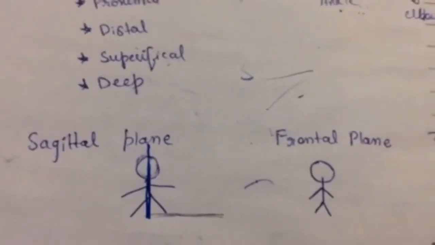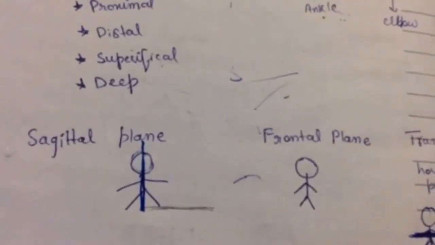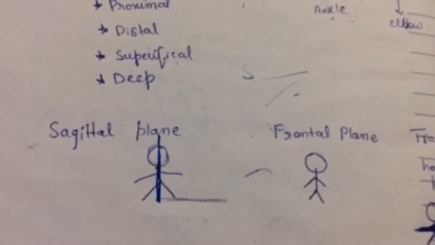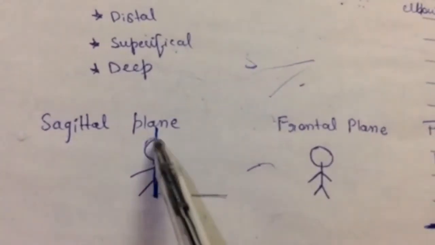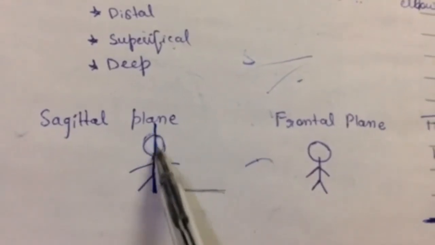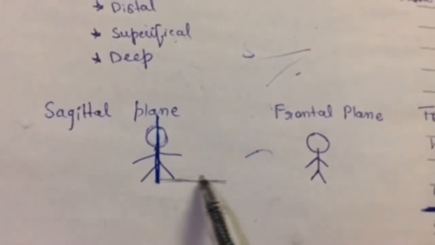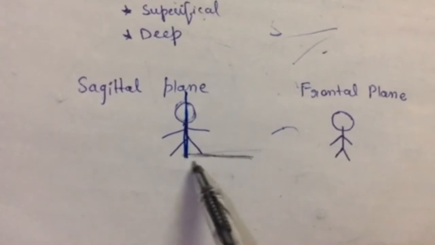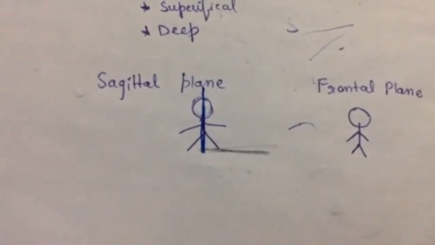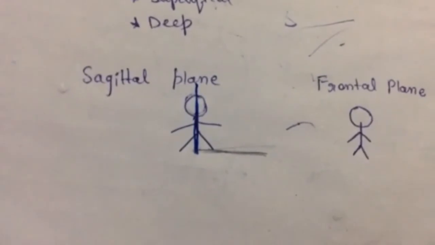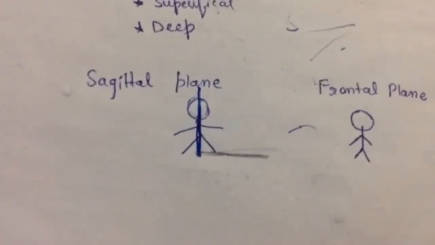The axes are perpendicular to the plane, making a 90-degree angle. So this axis is called the medial lateral axis, or the frontal horizontal axis, because it is perpendicular to the sagittal plane.